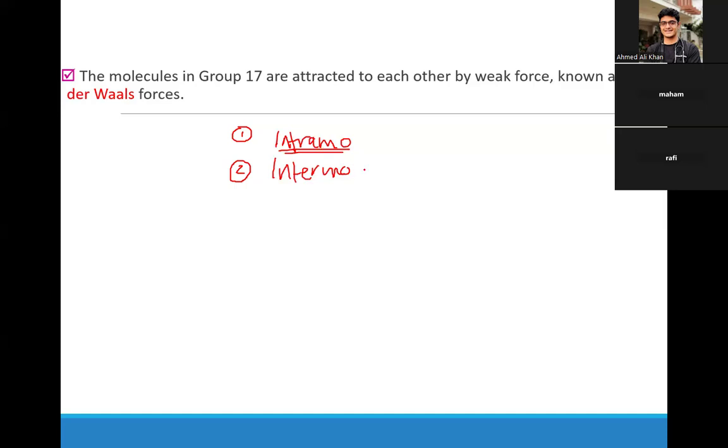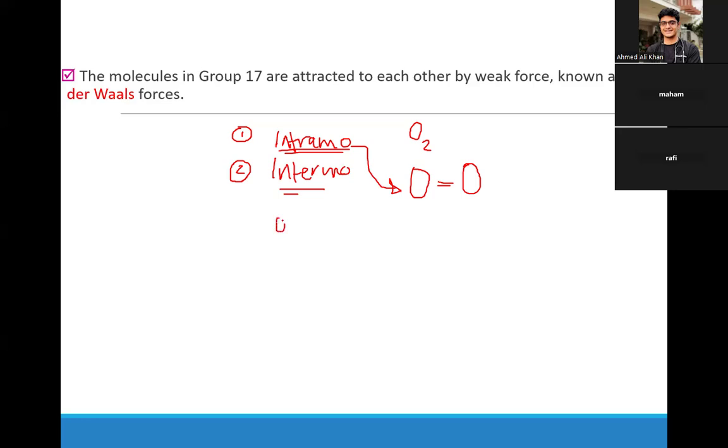Okay, so that's pretty simple. Intramolecular forces are basically the chemical bonds. So, for example, if you take a molecule of O2, the covalent bond between one oxygen atom and the other oxygen atom is what is called the intramolecular force, the forces that exist within the molecule.